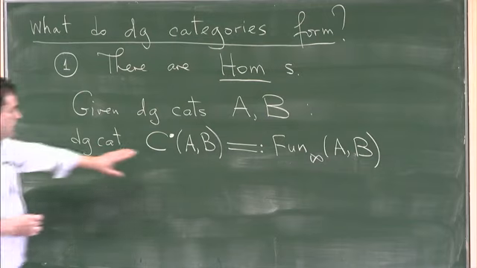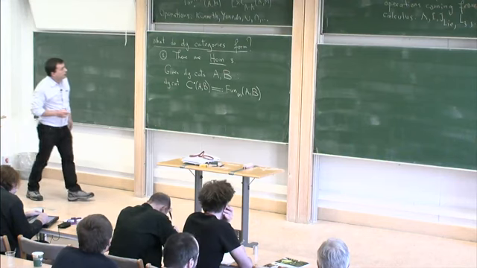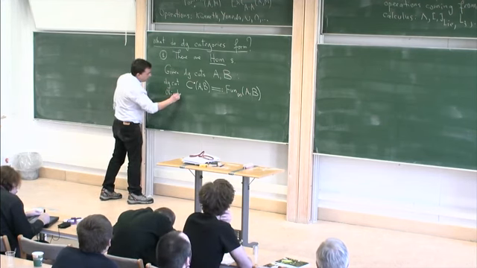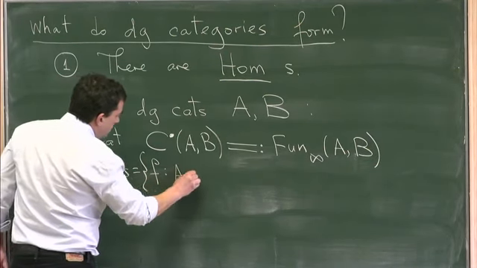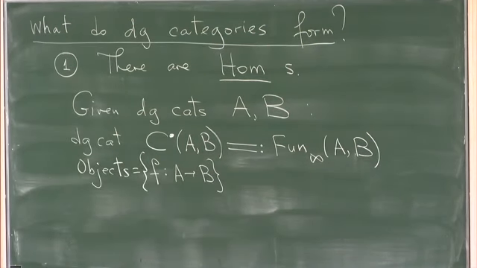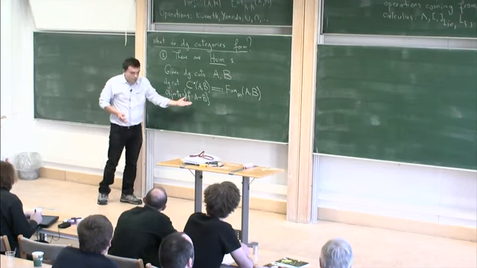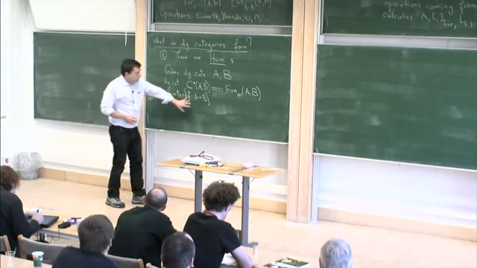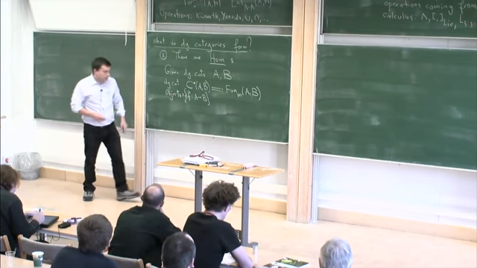I will also call it the DG category of A-infinity functors from A to B. Why is that? Because its objects are, again, representative enough if those are just algebras and those are morphisms of algebras, but better to think about they could be either DG functors or more generally A-infinity functors.